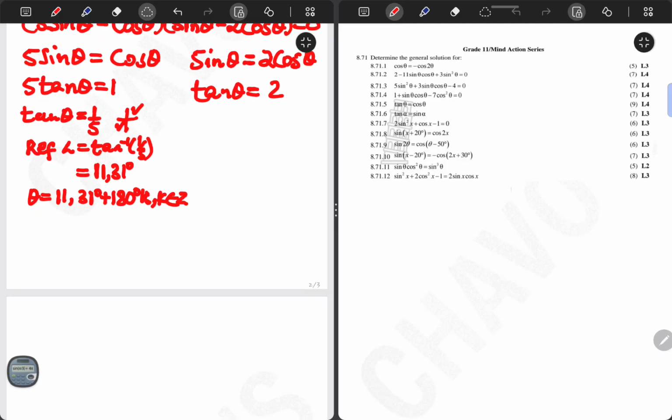All right. Now let's talk about the second one. Reference angle here. Second function tan 2. Let's see.